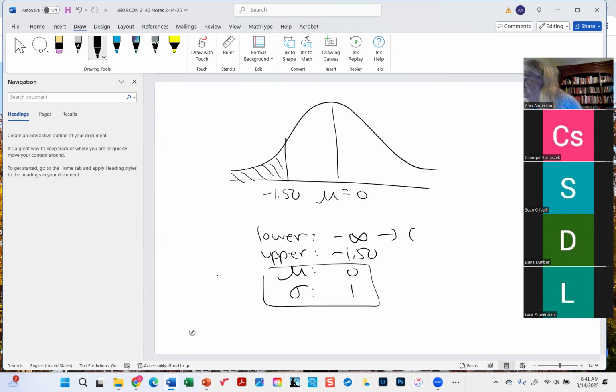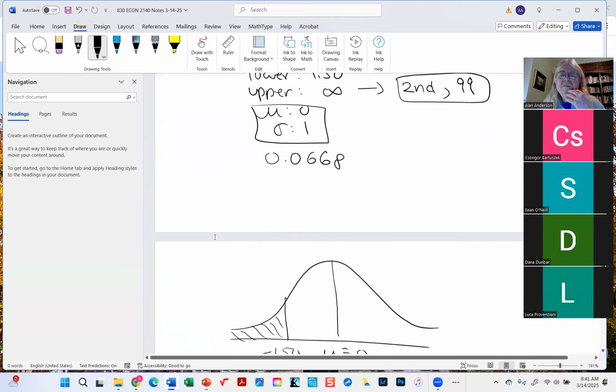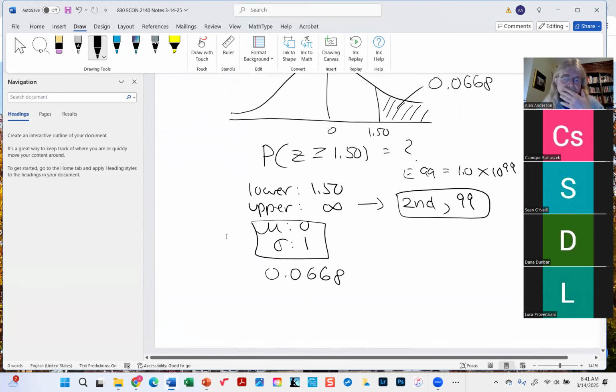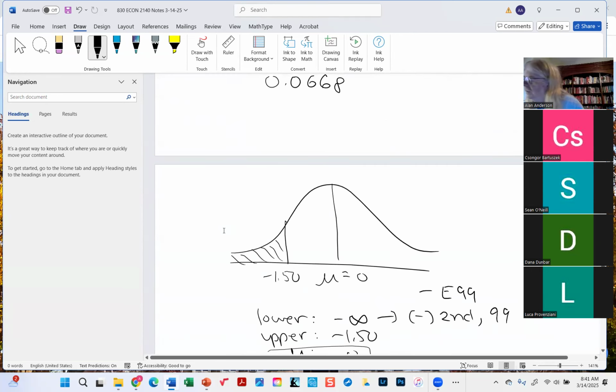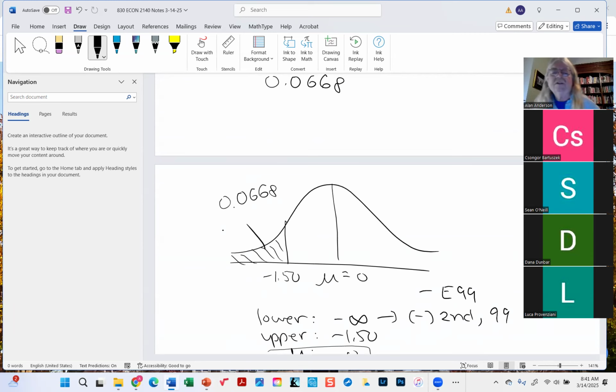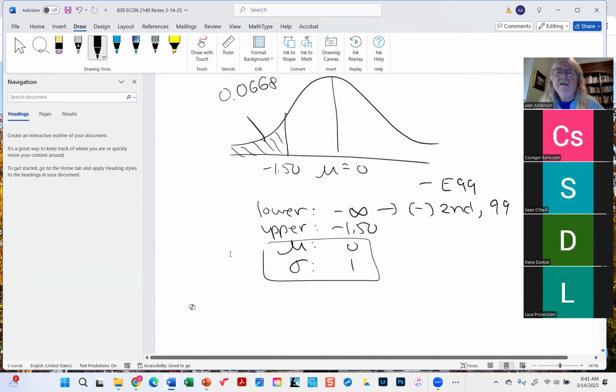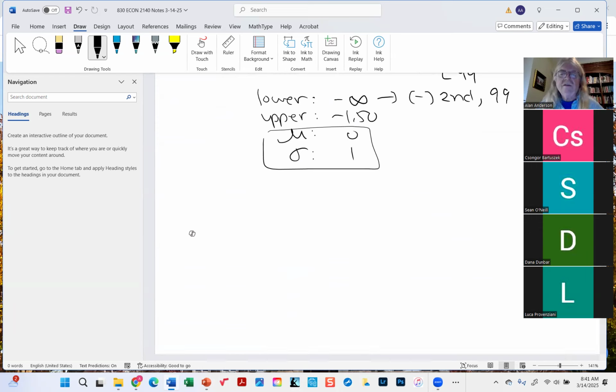And of course, remember here, you're going to put negative second comma 99, and it'll show in the window minus E99. But you don't even have to type it into your calculator because you already know from the principle of symmetry that it must be 0.0668. They have to equal each other.